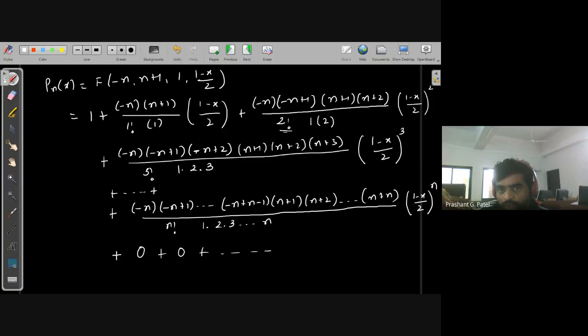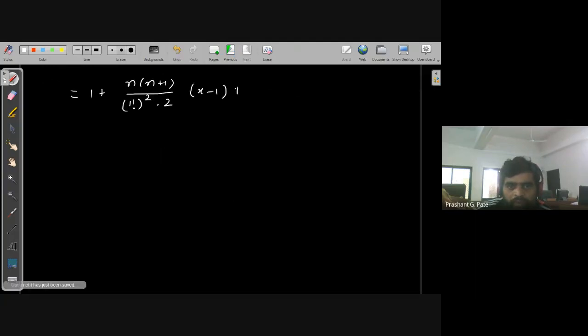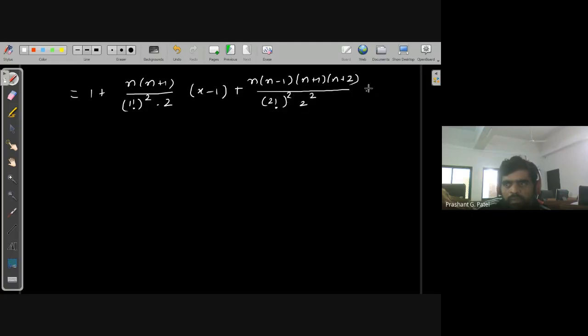And this 2 and this 1 into 2 is 2 factorial square. So that we can write down plus n into n minus 1, n plus 1, n plus 2 upon 2 factorial square into 2 square into x minus 1 square. Because it is a square, there is no need to change the sign.